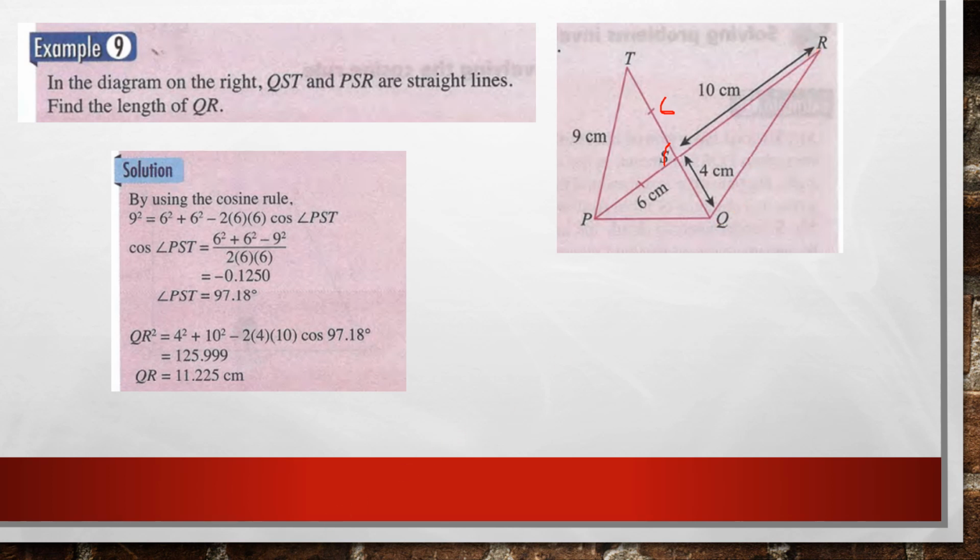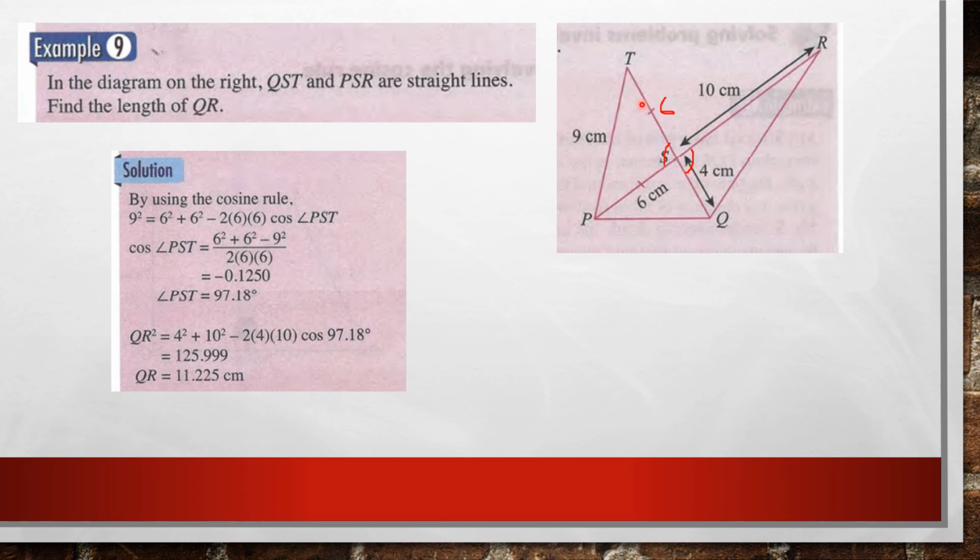Since we use the concept of straight lines, if you find the angle PST, it will be the same as the angle RSQ. Both are the same. They are opposite angles, so both angles will have the same value.